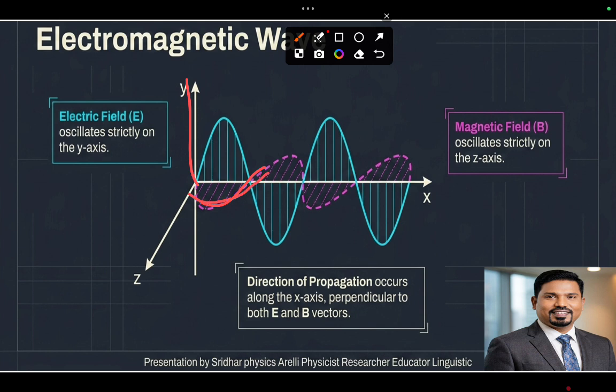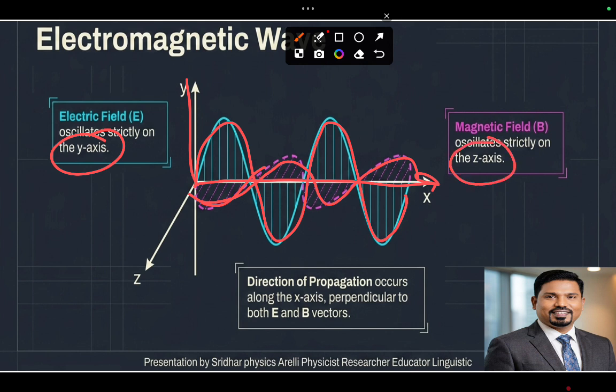So electric field oscillates strictly on the y-axis, magnetic field oscillates on the z-axis, and direction of propagation occurs along the x-axis, which is perpendicular to the magnetic field and the electric field.